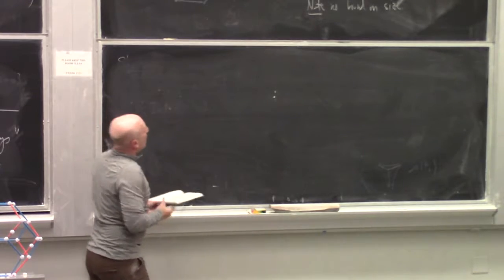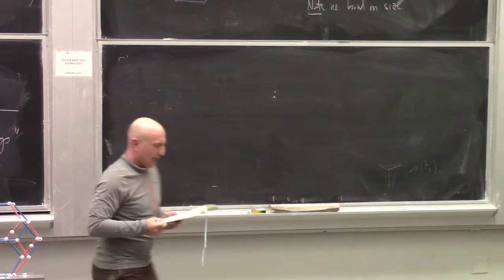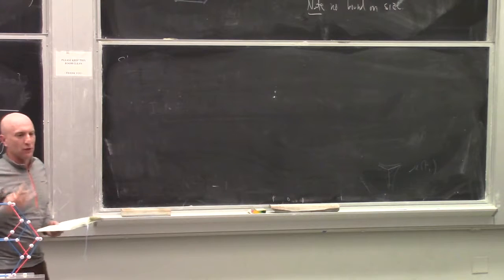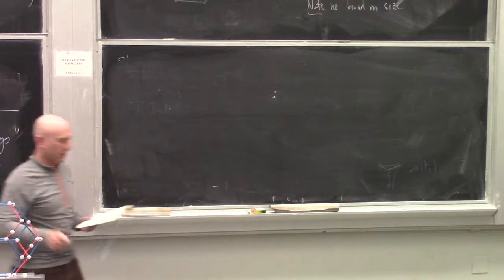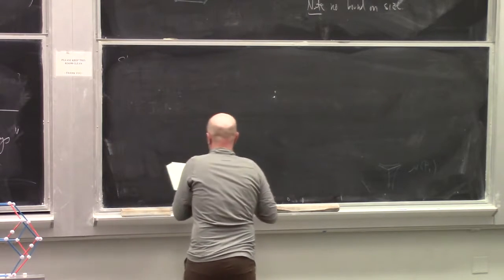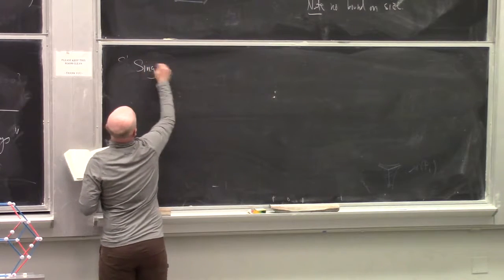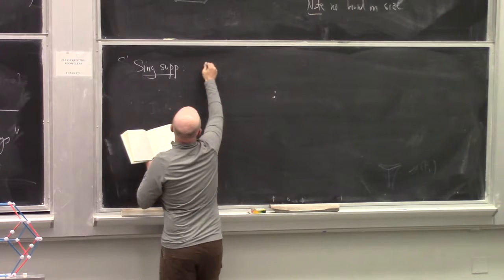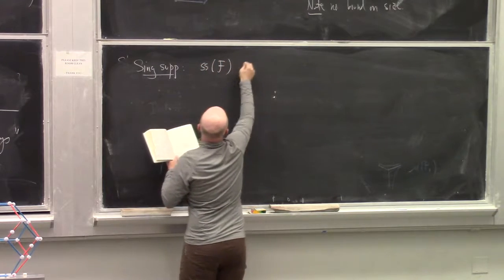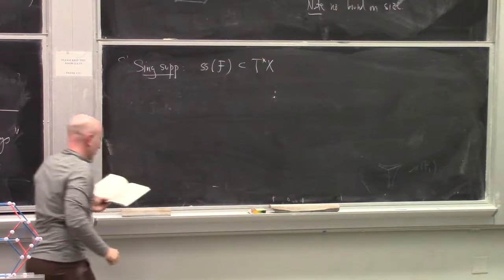So let me explain now why these objects appear in a talk about symplectic geometry. The point is that you really shouldn't think of these objects as living on X, you should think of them as living on the cotangent bundle of X. In order to make sense of that, we need a notion of singular support. The singular support of one of these is going to be a subset of the cotangent bundle.